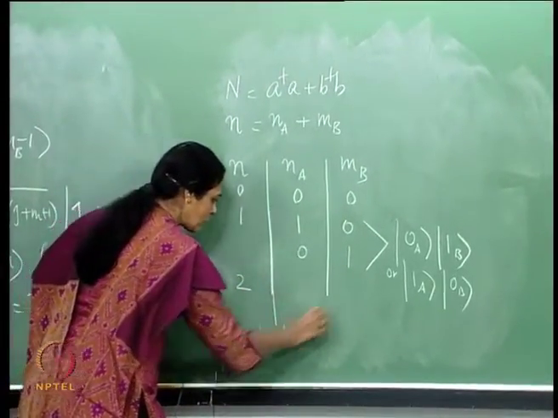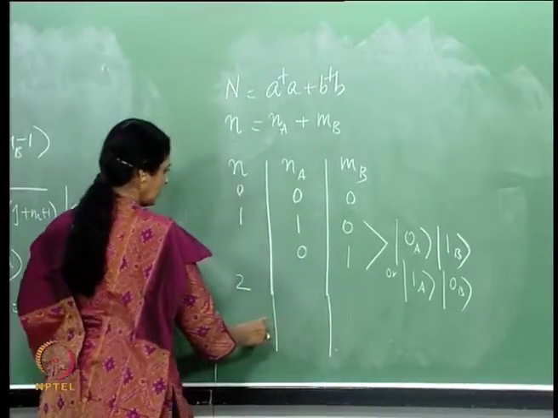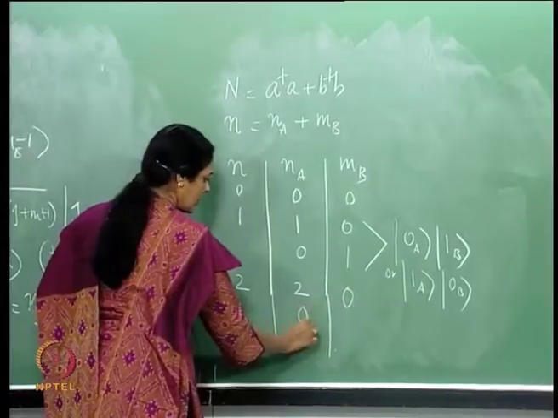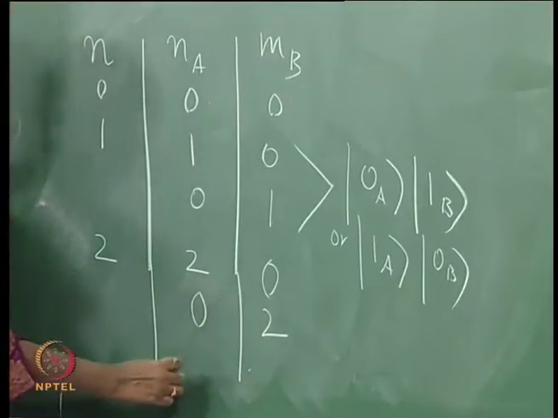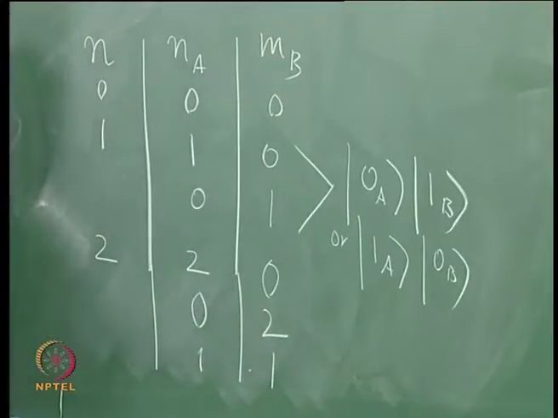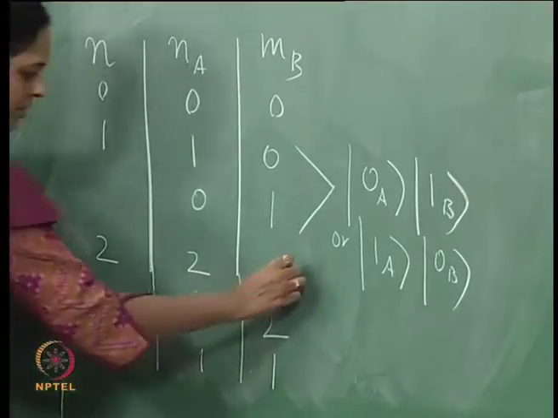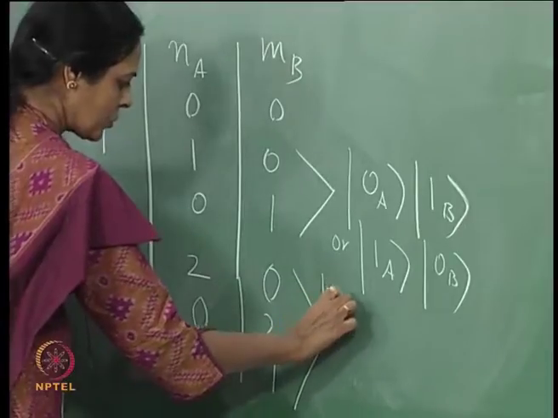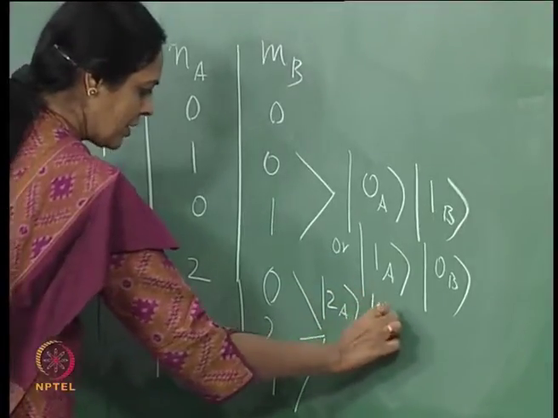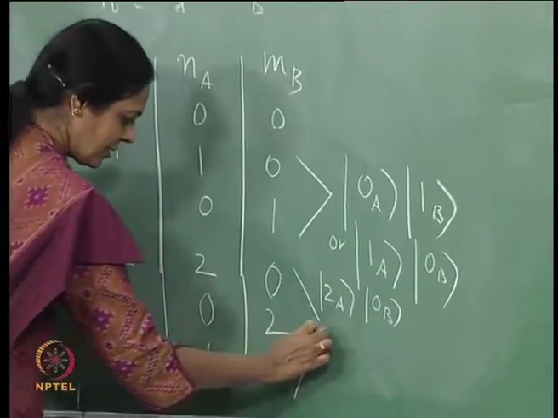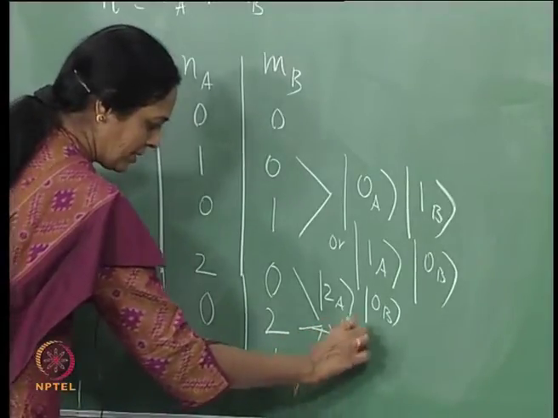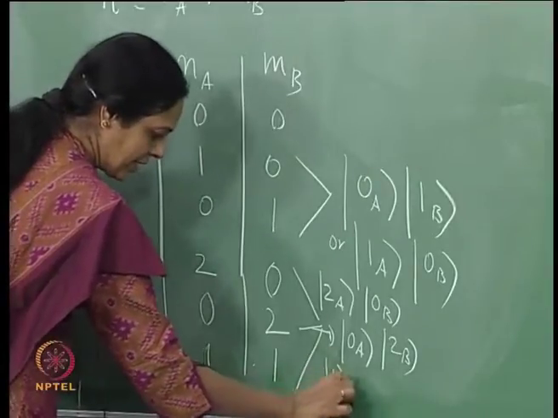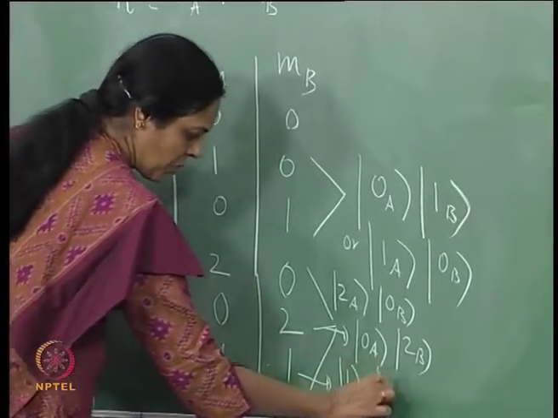Suppose n equals 2. Na could be 2 and Nb could be 0, Na could be 0 and Nb could be 2, or Na could be 1 and Nb could be 1. So, what are these states? The first is 2a 0b, the second is 0a 2b, the third is 1a 1b.